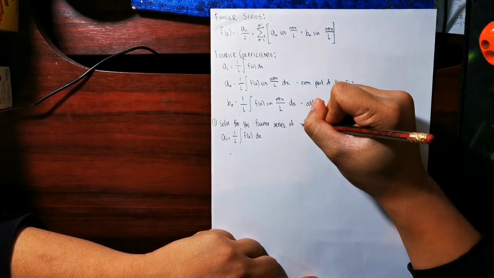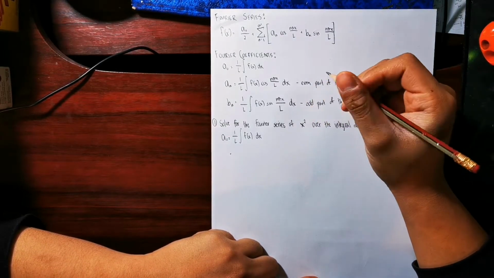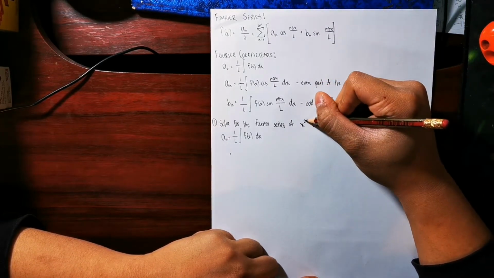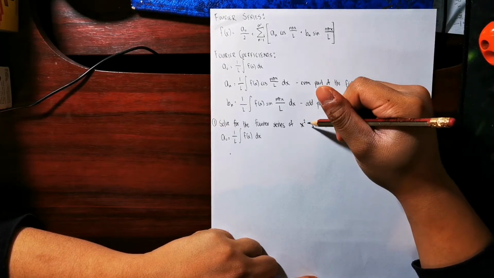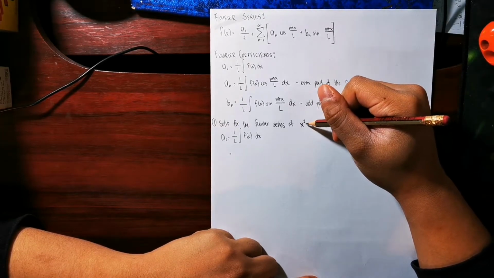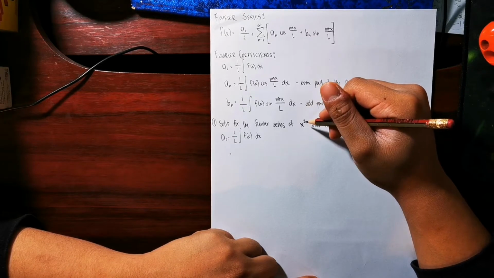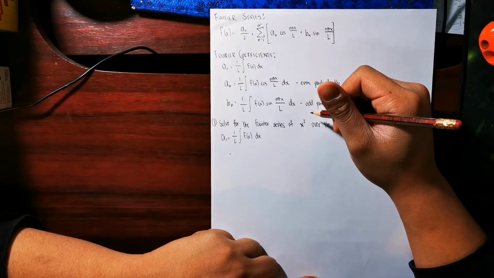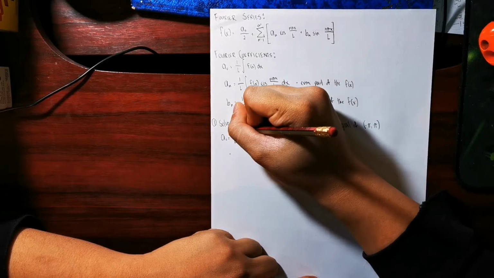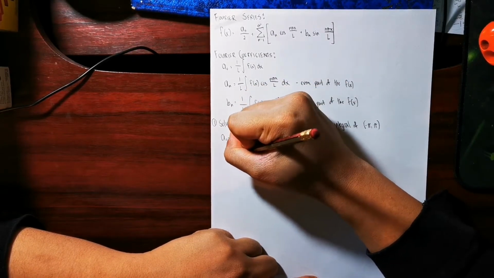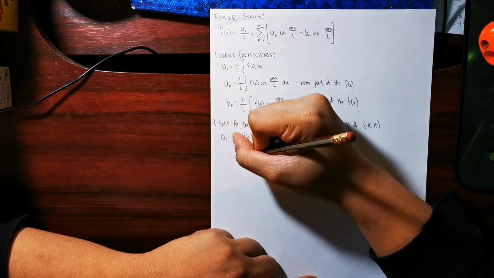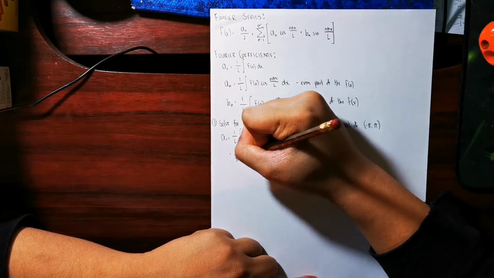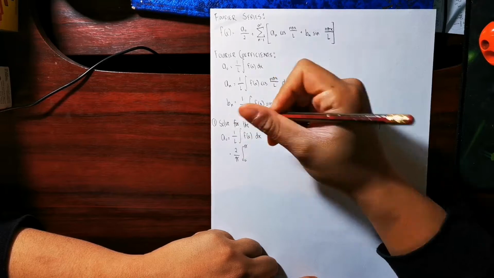So we have to analyze the given. We have x squared, and x squared is an even function. If it is even, we change the 1 over L to 2 over pi, and the integral should be from 0 to pi.